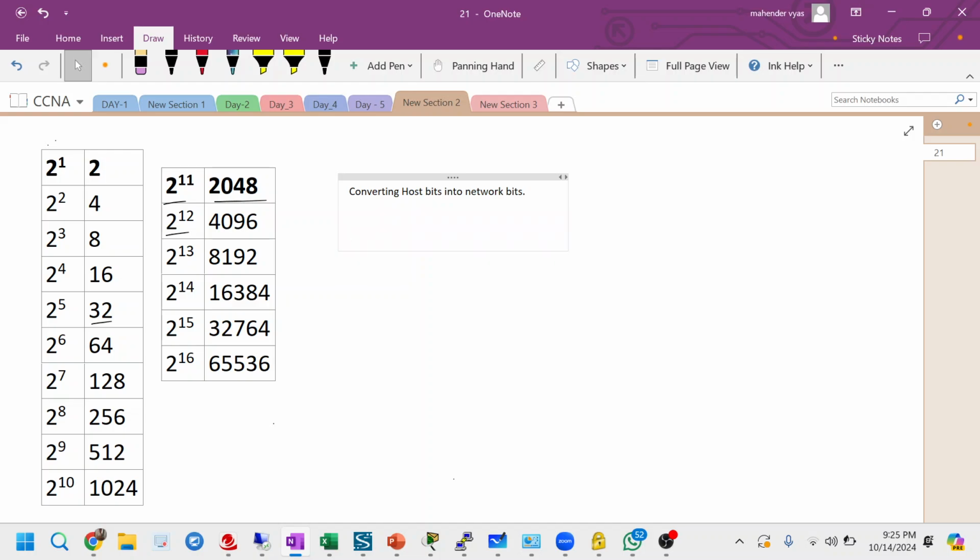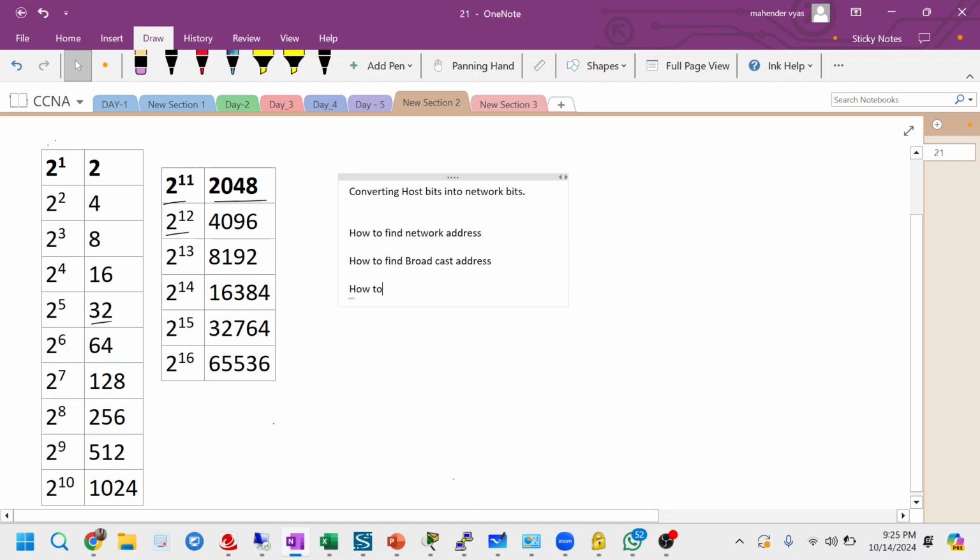Next, we need to learn how to find the network address, how to find the broadcast address, how to find valid hosts in a subnet.